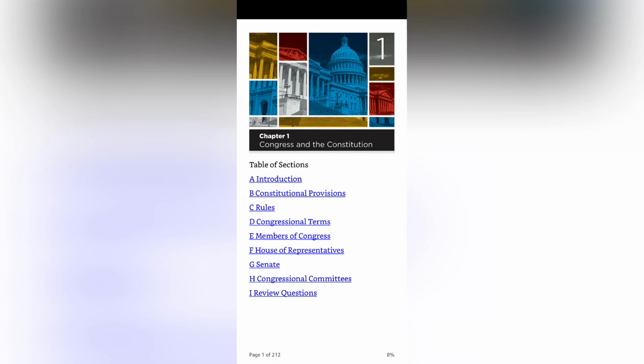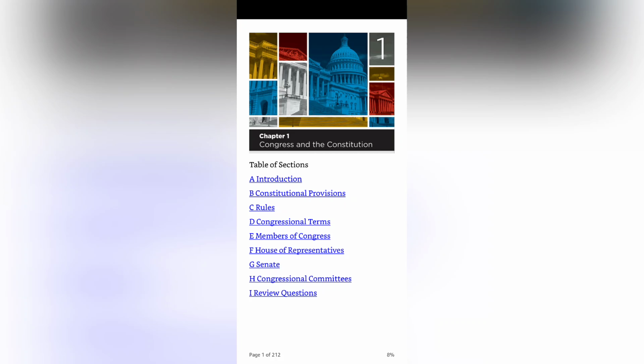Article 1, Section 8 lists a number of specific powers, including in Clause 18, the necessary and proper clause, the power to make all laws which shall be necessary and proper for carrying into execution the other listed powers.